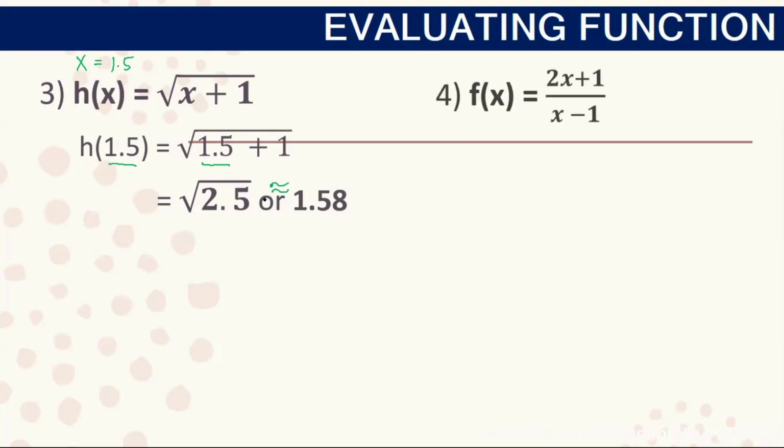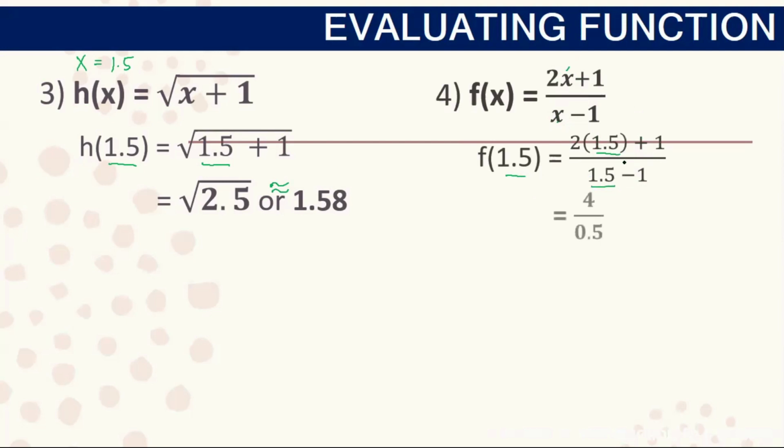Number 4, f of x is equal to 2x plus 1 over x minus 1. Do the substitution. f of 1.5 equals, the variable x will be replaced by 1.5, copy plus 1. Then the variable x will now become 1.5 minus 1.